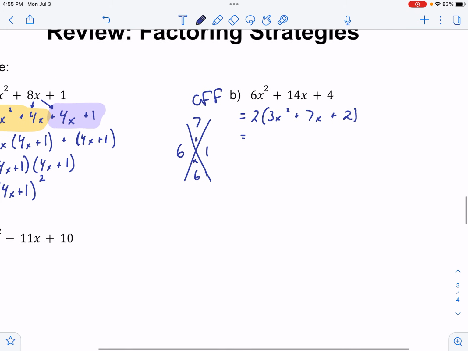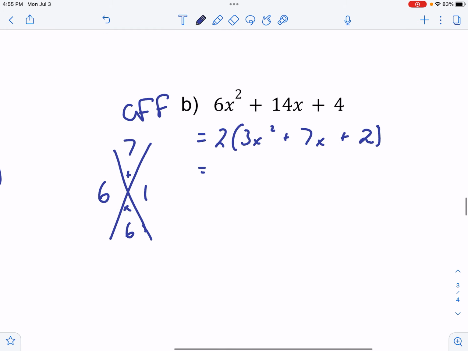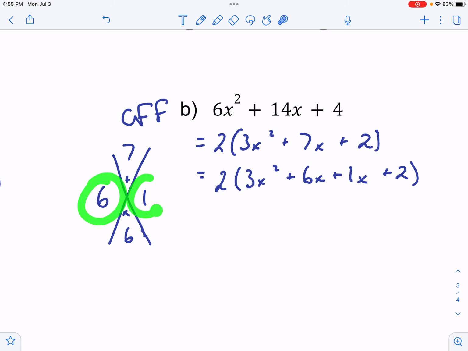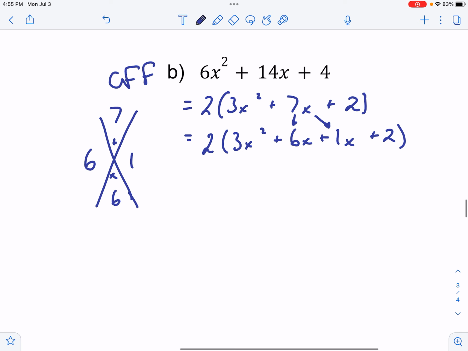So I'm going to go ahead and decompose this 7x. I'm decomposing it into the two numbers that we found, the 6 and the 1. So my 7 is being decomposed into 6 and 1.